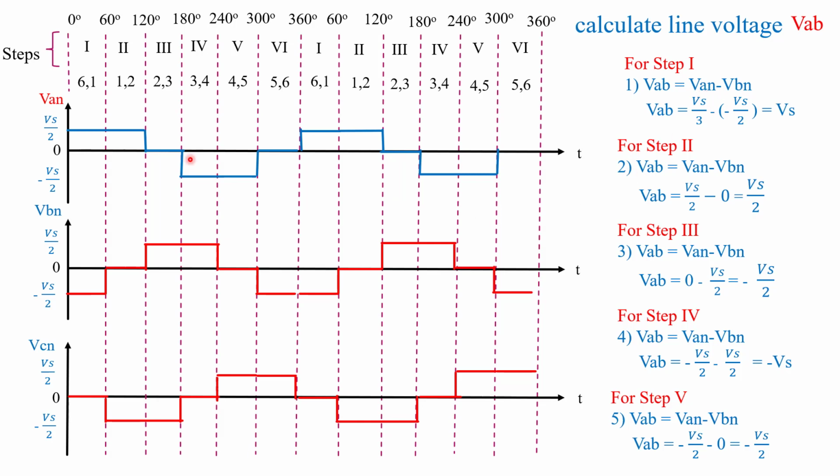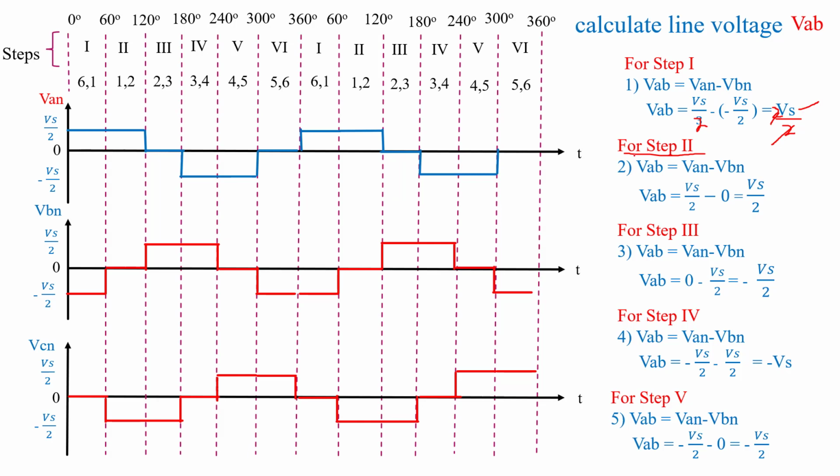See in the waveform, VAN equals Vs by 2 in step 1 and VBN equals minus Vs by 2. So Vs by 2 minus minus Vs by 2, minus and minus makes plus, so 2 Vs by 2, the 2s cancel. We get Vs. So for step 1, VAB equals Vs.